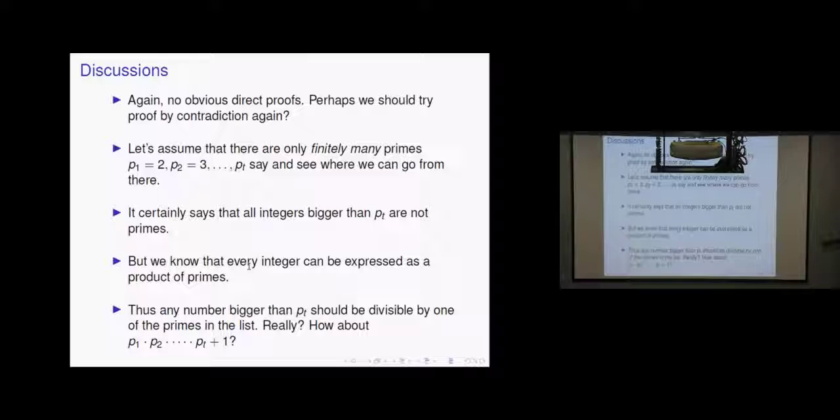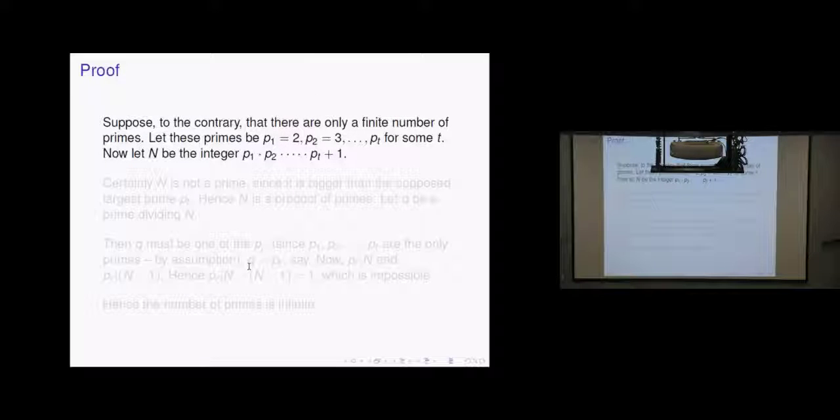Now the magic goes: we cook up a number by multiplying all these p1, p2, up to pt together, and add 1. Now we want to show that this one is not divisible by any of these. Therefore, we get a contradiction. Okay, so here's the official proof.